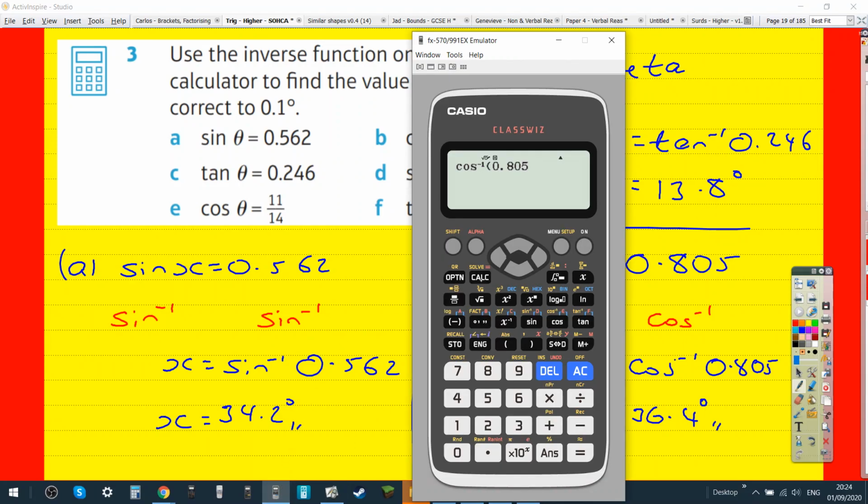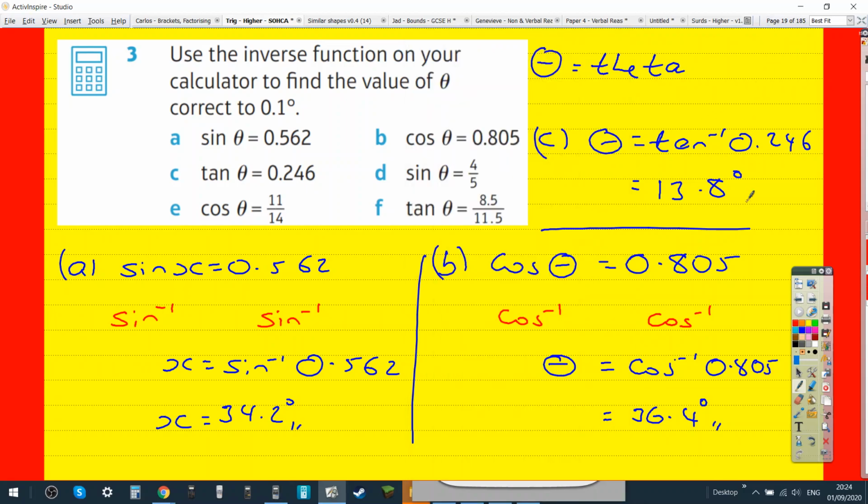Let's see. The previous one was 36.4, and then shift tan 0.246. 13.8. Well done.